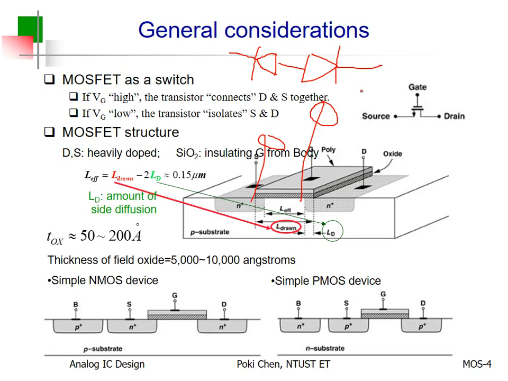So never mind whether you apply positive here, negative there, or reversely positive there, negative here, because those two diodes are back to back, their polarities are reversed. So you don't have any way to turn the MOS on. So by nature, from the very beginning, the MOS needs to be off.